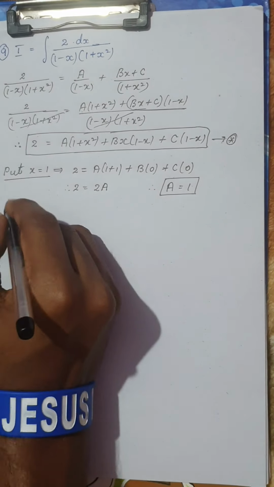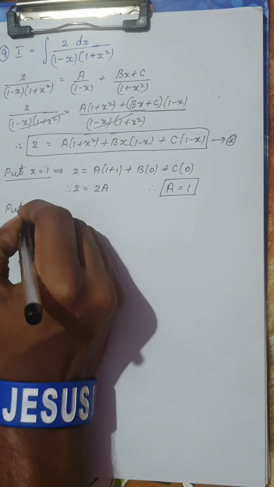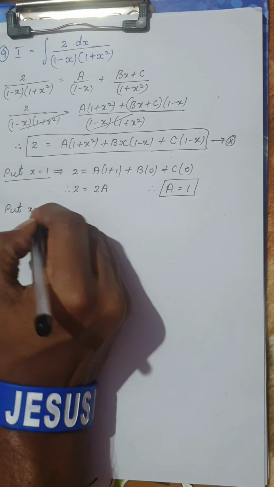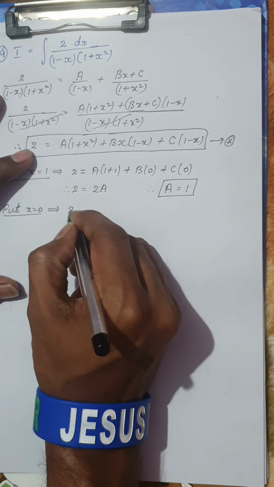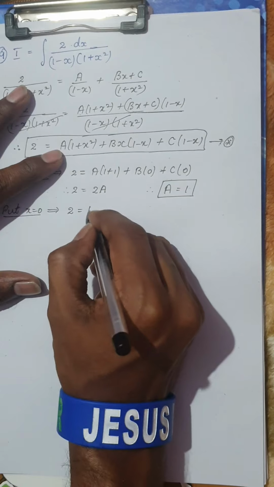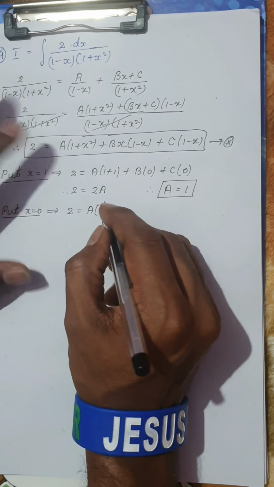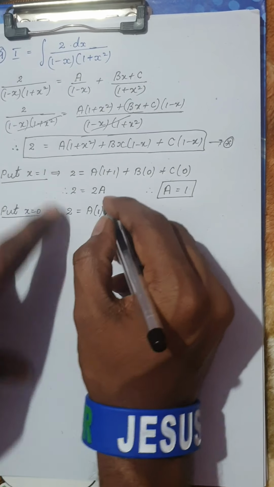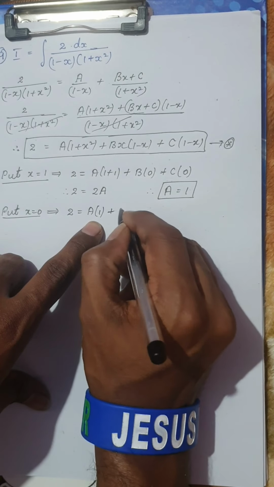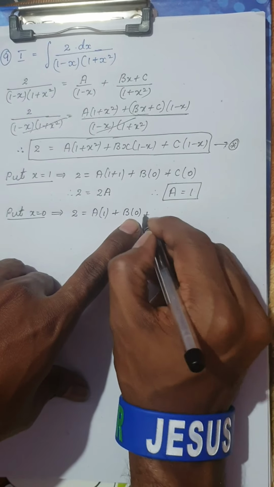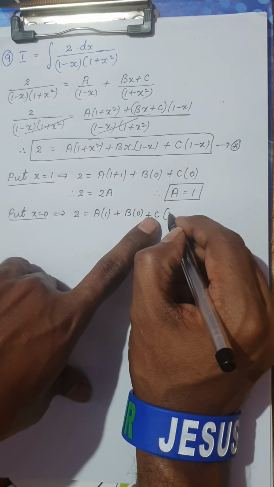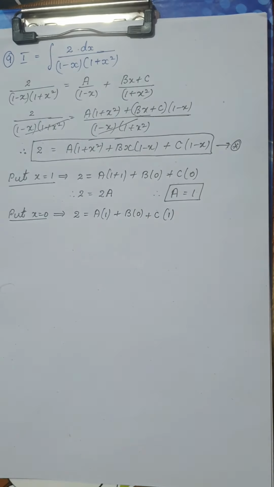In the second case, let me put x is equal to 0. If I put x is equal to 0, again the left hand side would be 2 itself, 2 is equal to a into, just take away x, so it is a into 1, plus b into, remember, if you put 0 here, the b term becomes 0, plus c into 1.